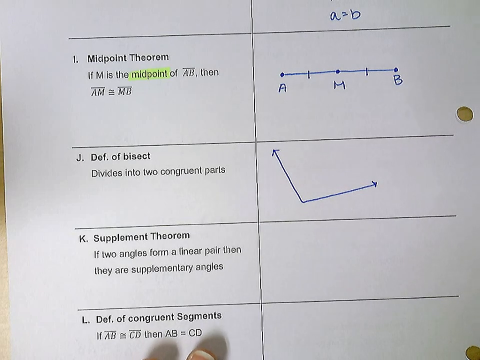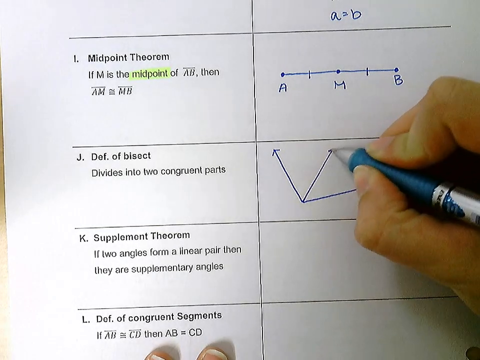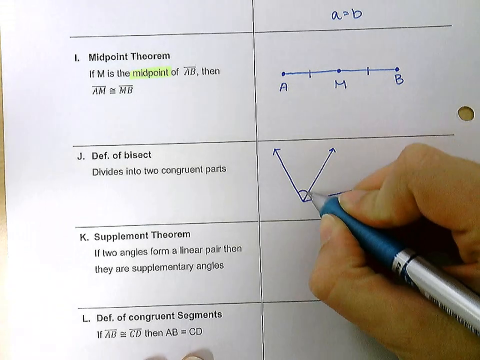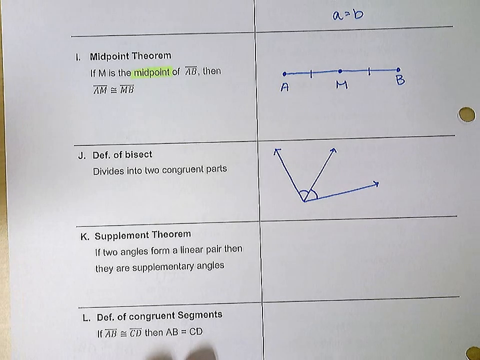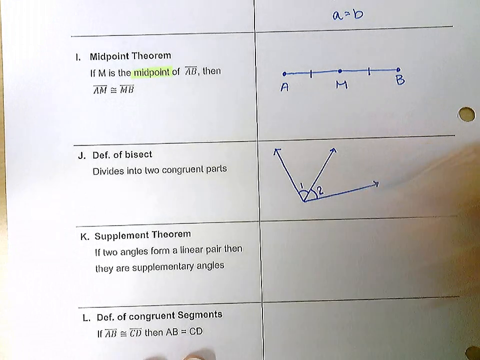and there's a ray from that same vertex that cuts through the center of that angle, that ray bisects that angle. If I say that ray bisects that angle, it splits it into two congruent angles that I'm going to label 1 and 2.